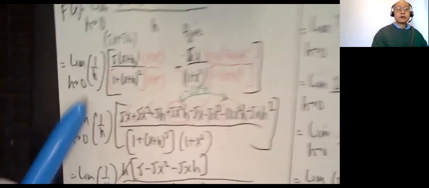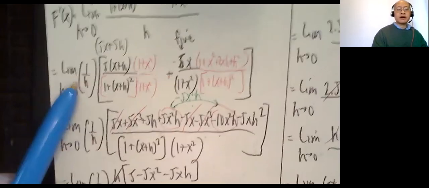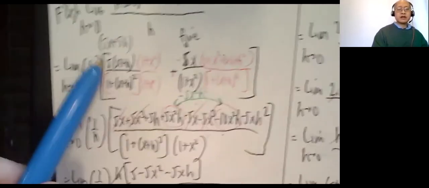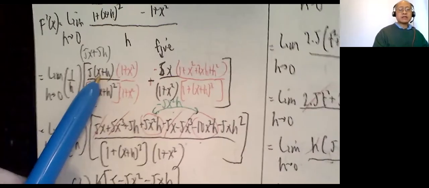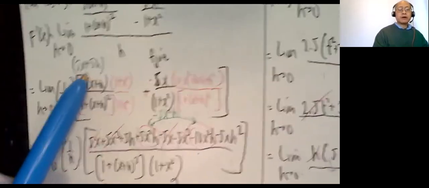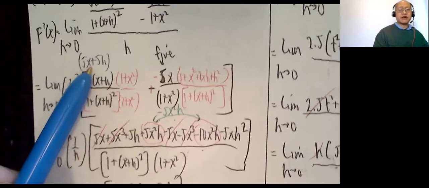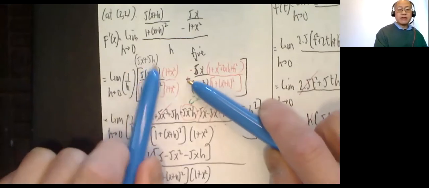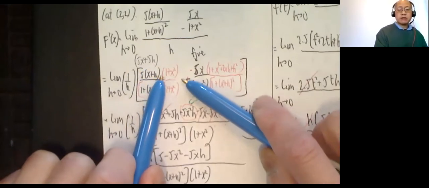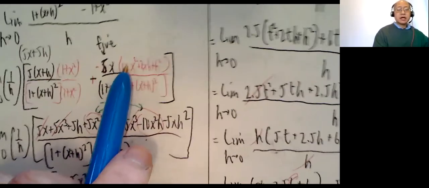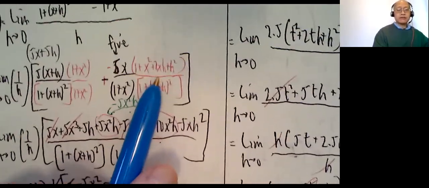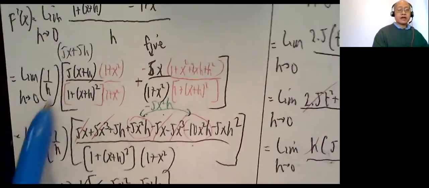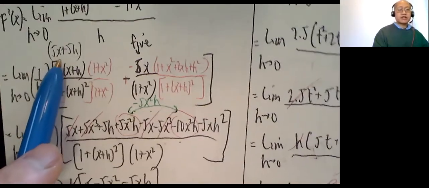Okay, so I have to FOIL this out now. To make it a little bit easier, see this 5 times x plus h? Right above, on scratch paper, I put it as 5x plus 5h. Then I'm going to FOIL that 5x plus 5h times 1 plus x squared. And then it's going to be negative 5x times all of this, which means they're all going to be negative. So again, 5 times x plus h is 5x plus 5h.